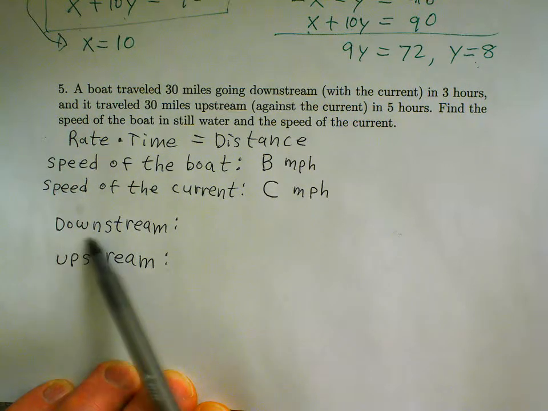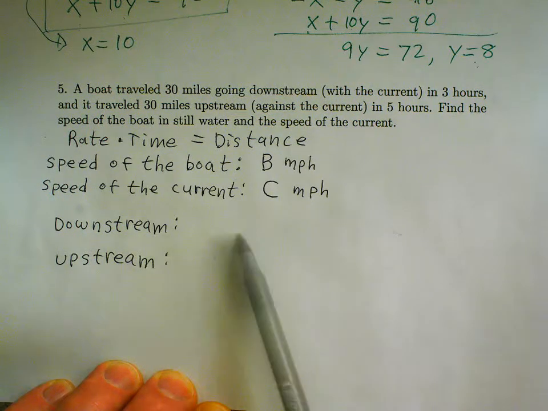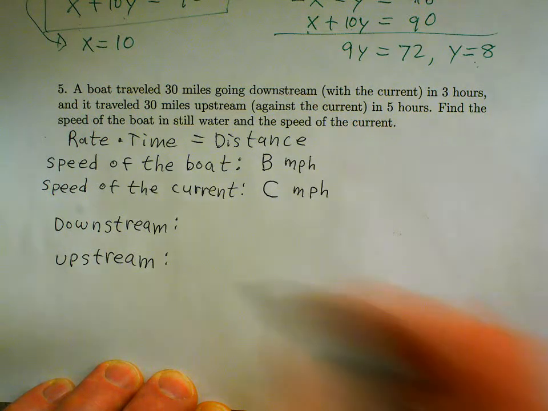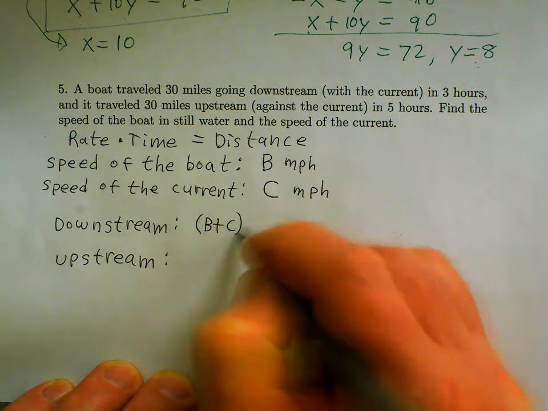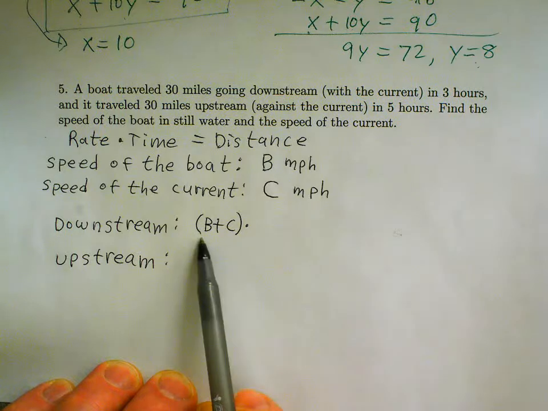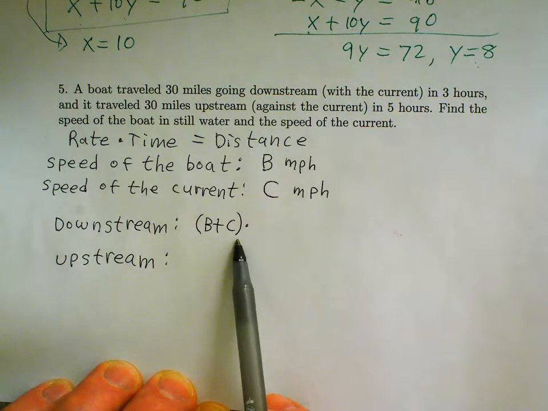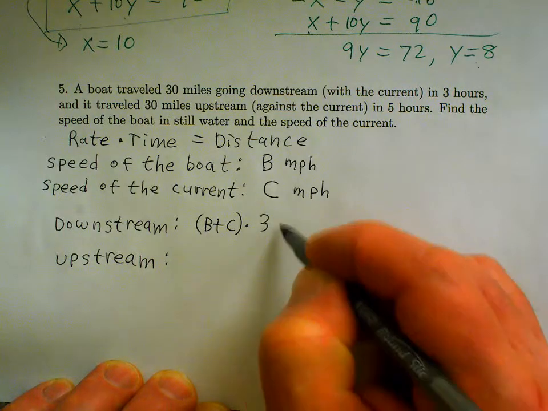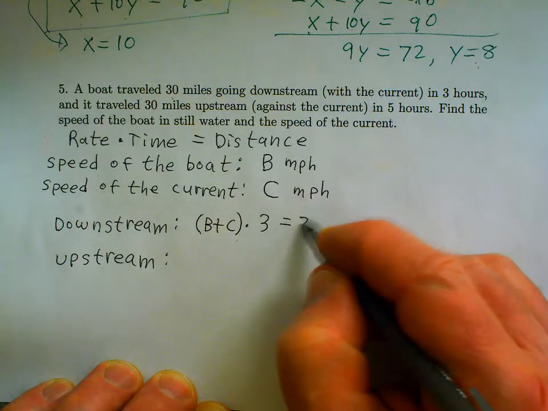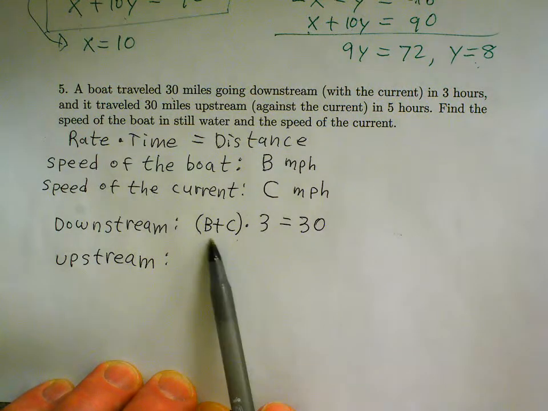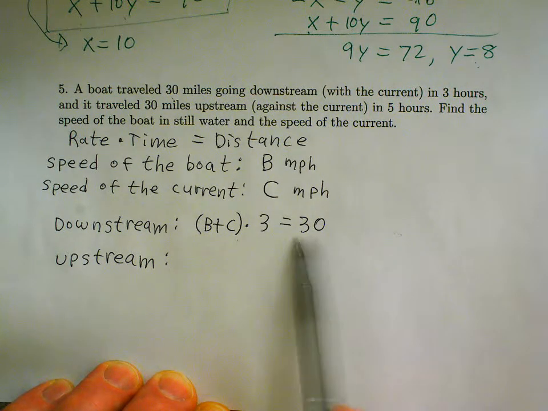So if the boat is going downstream, the rate is b plus c miles per hour. That's the rate. And we're told that in 3 hours, the boat will travel 30 miles. So we have rate times time equals distance.